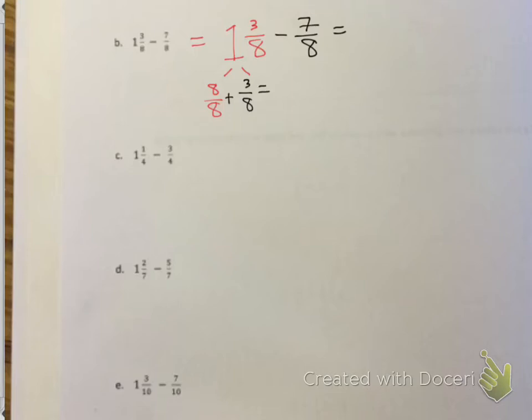So let's add these, and now we have 11/8. So now I can subtract 7/8. Right? Now I have enough. I have 11 here. I can now subtract 7, and now we're able to complete this subtraction problem by decomposing the mixed number to an improper fraction.